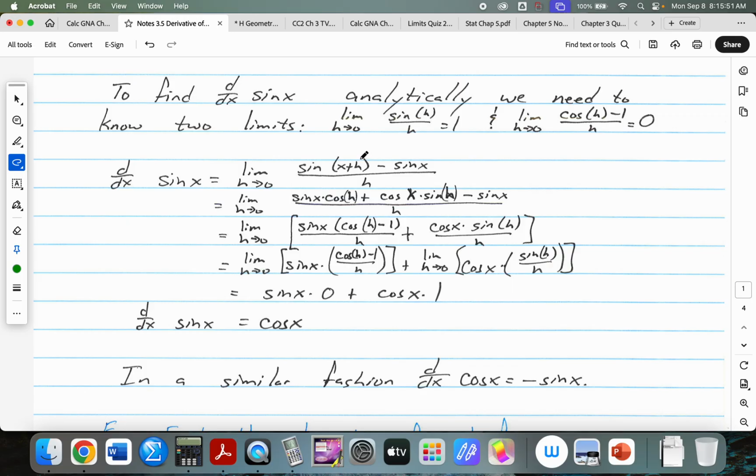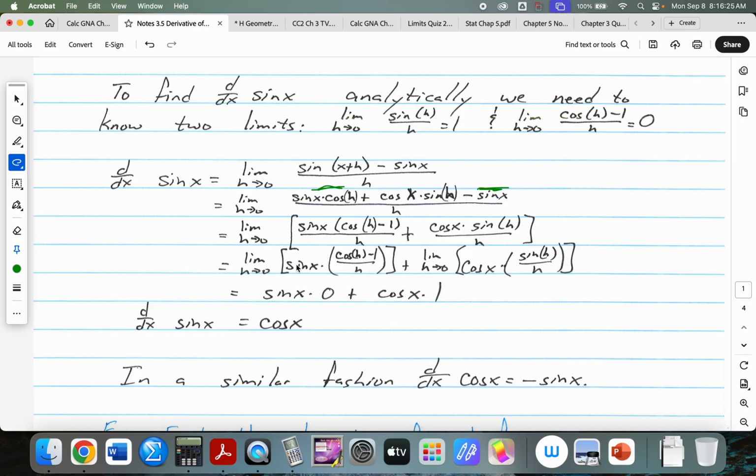So we have to use the sum rule. Sine of x plus h is equal to sine x cosine h plus cosine x sine h, minus the sine of x. Then we factor a sine out of the first and last terms and split it from the middle term.